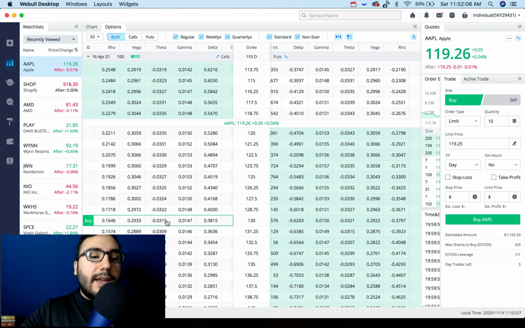And then after theta, we have vega. This estimates how much the premium will change with each 1% change in implied volatility. And implied volatility pretty much shows you that options traders are expecting a pretty big move in a stock or not, depending on how high the implied volatility is.